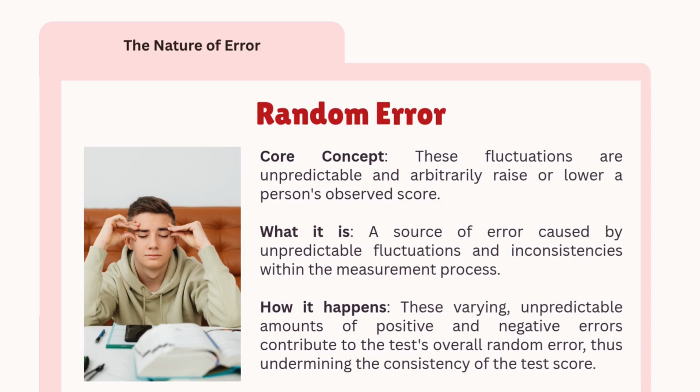So how could this happen? Let's have a behavioral example. Imagine a student is taking a reading comprehension test with a tight time limit. A negative error example of this would be, let's say, a student receives an unexpected phone call from a family member during their short break, which makes them feel anxious and distracted for the next 15 minutes.